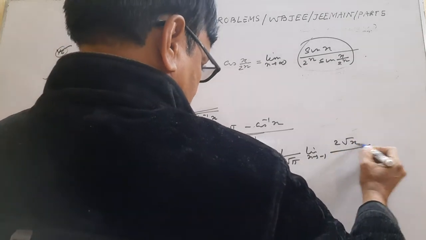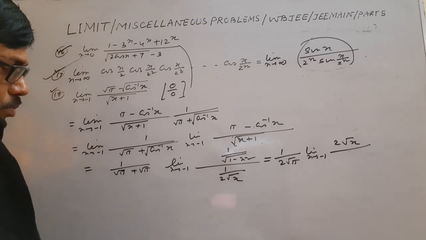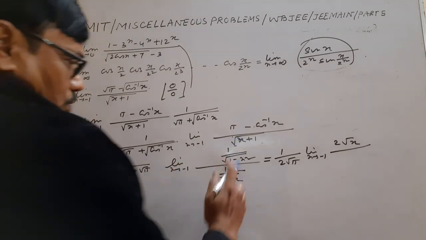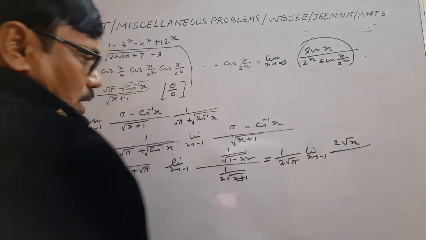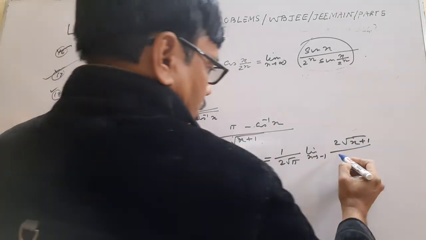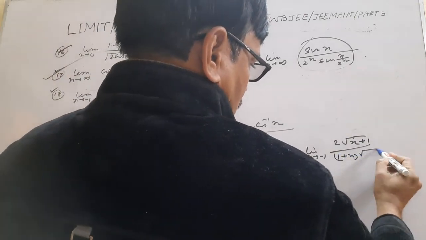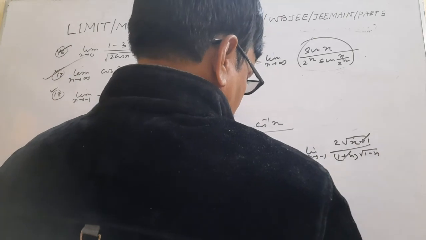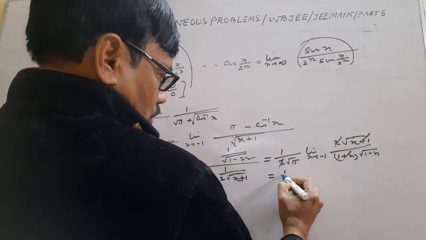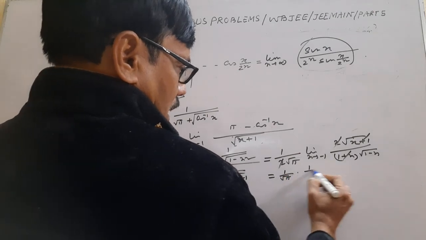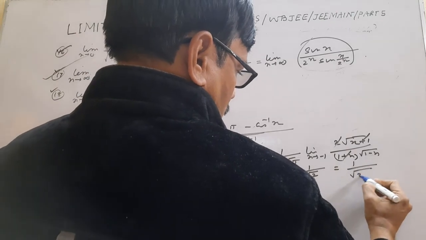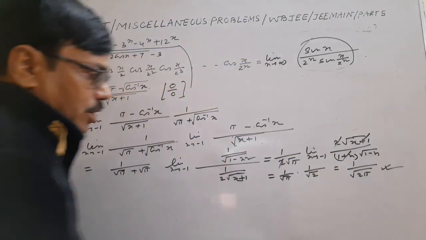This is x plus 1, and this is 1 plus x and 1 minus x, so this cancels out. Now it is defined. So 1 by root pi, and this is minus 1, this is root 2. So 1 by root 2 pi. This is the answer.